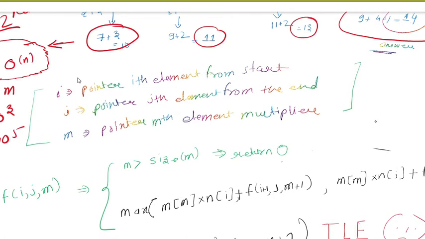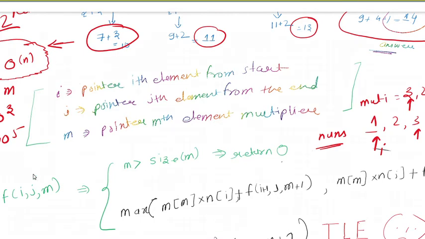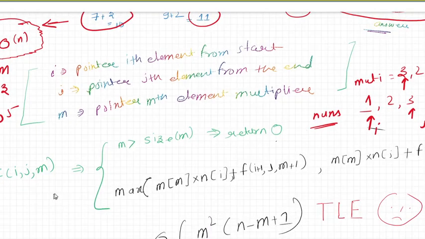So let's say if we have a nums array like 1, 2, 3, then I will be this one, J will be this one, and we again have the multiplier 3, 2, 1. Then M will be pointing to the first element. This is I, this is J. Clear, right?